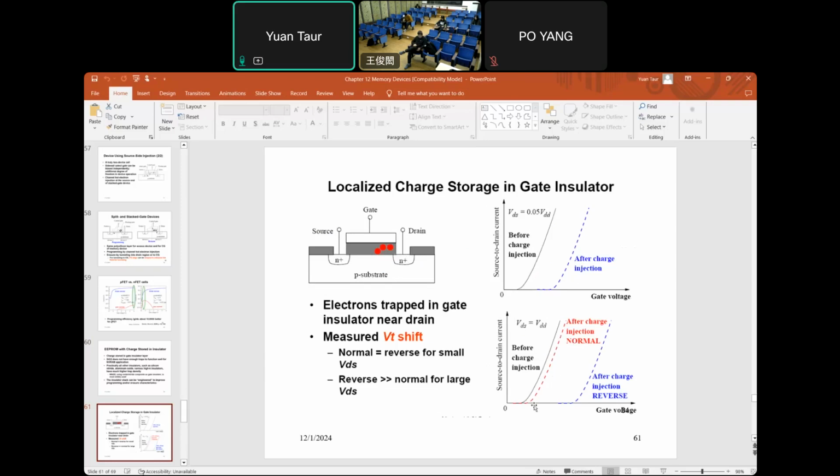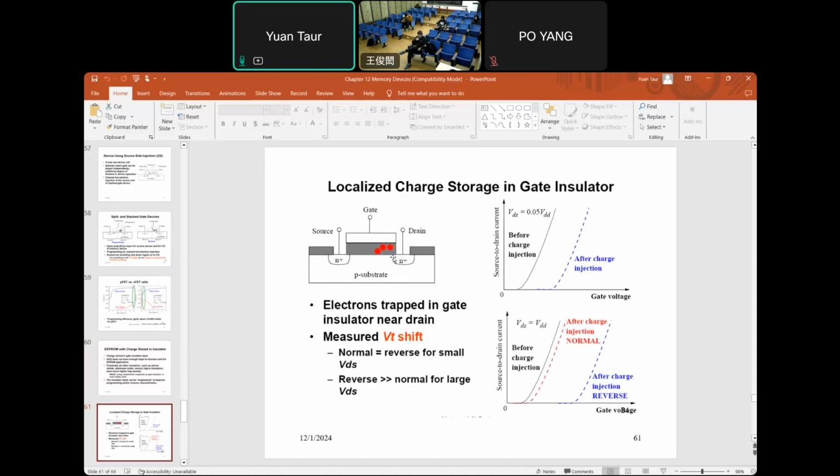Before injection, that's the same. After injection, if you measure the same way, the shift actually is very small, and that's because in this case the VT shift is localized near the drain.